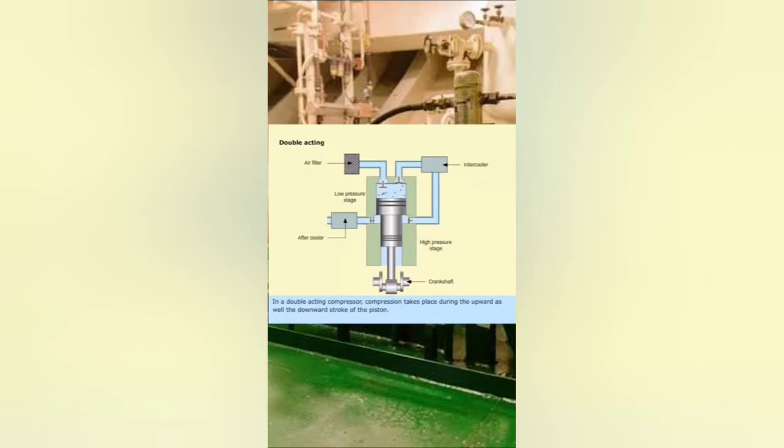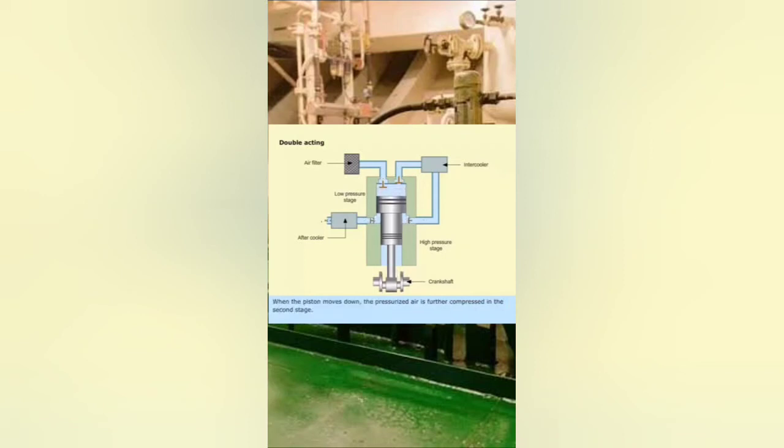In a double acting compressor, compression takes place during the upward as well as the downward stroke of the piston. In this arrangement, the low pressure first stage piston is at the top and the high pressure piston is at the bottom. In the first stage, as the piston moves up, air is compressed and the compressed air is inducted into the second stage.